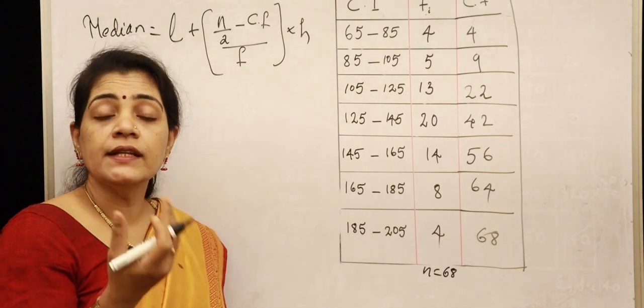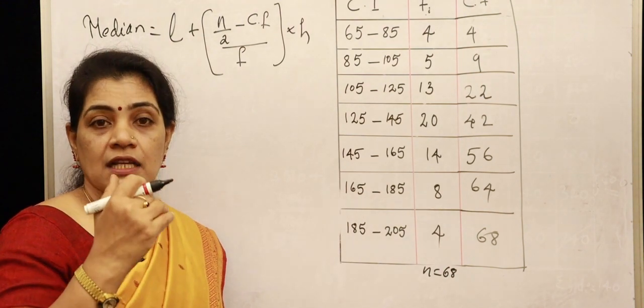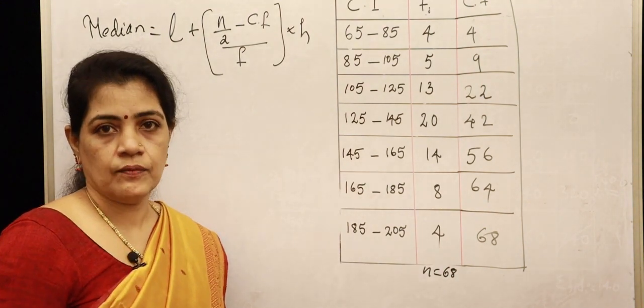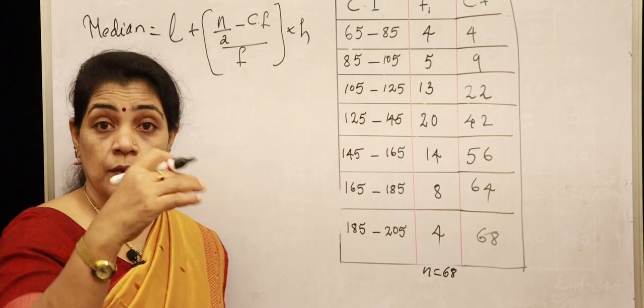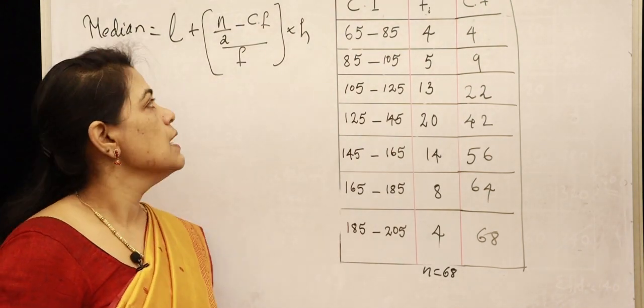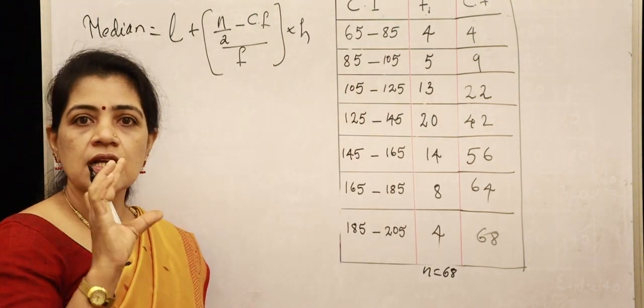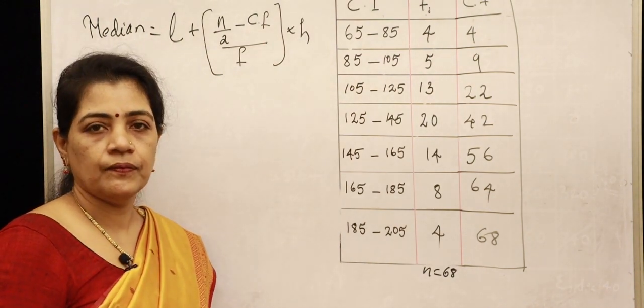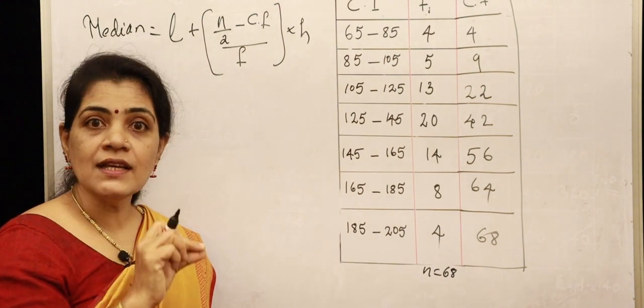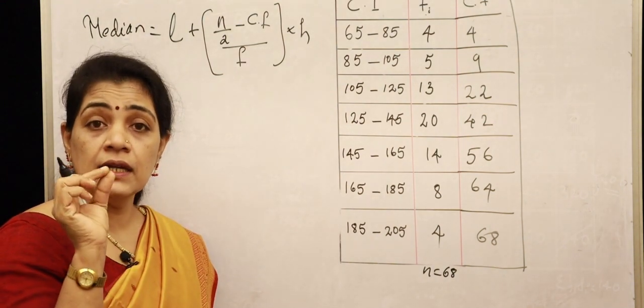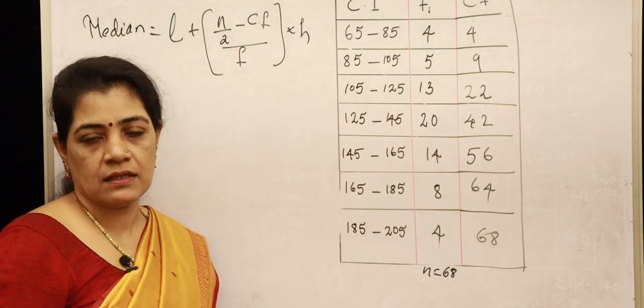CF is the cumulative frequency of the class preceding the median class, which comes before the median class. The frequency of the median class is small f, and h is the class width or class size. All these entries depend on the median class.